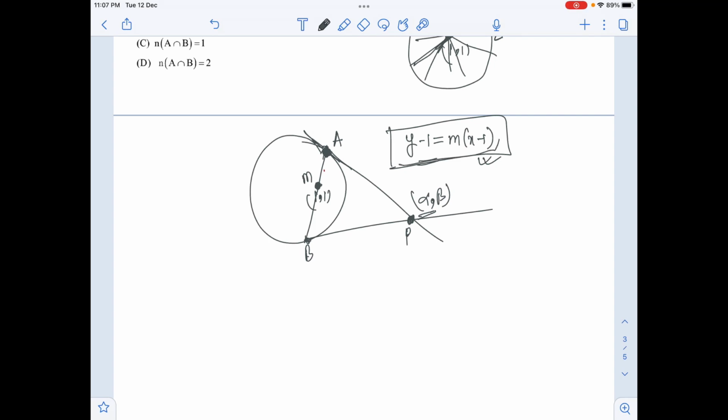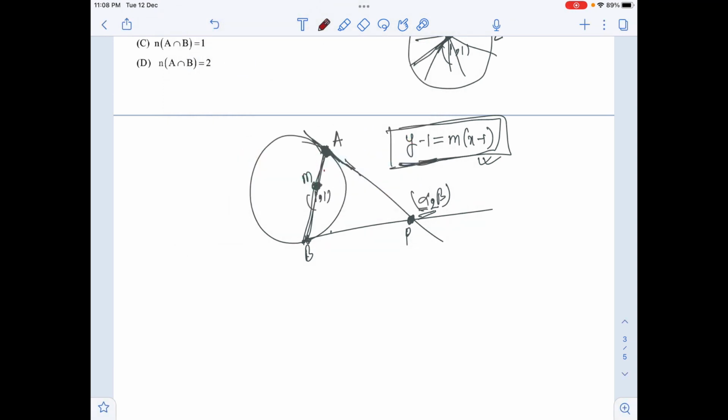Because M is changing, the chord can be anything. So for any particular M, you can write the equation of tangent at A and B, and they will meet at point P. So we expect alpha and beta to be related with M, and then eliminate M to get the locus. But that's a very lengthy method, okay?